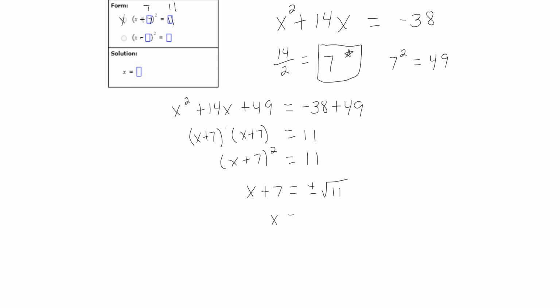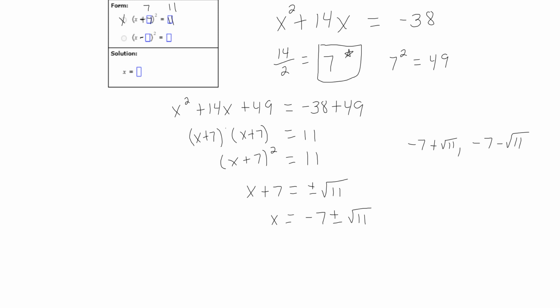Negative 7 plus or minus square root 11. Now, if there's a plus minus button in Alex, you can just hit the plus minus. If not, it doesn't matter which one you put first, you might have to list both answers.